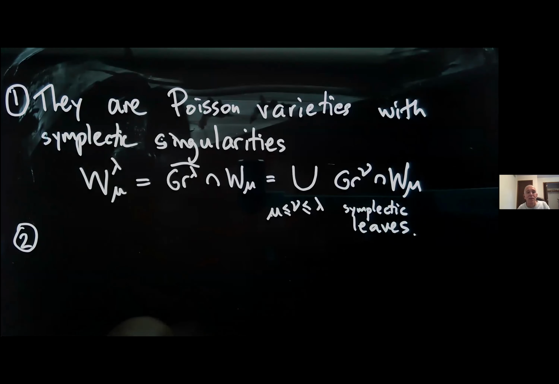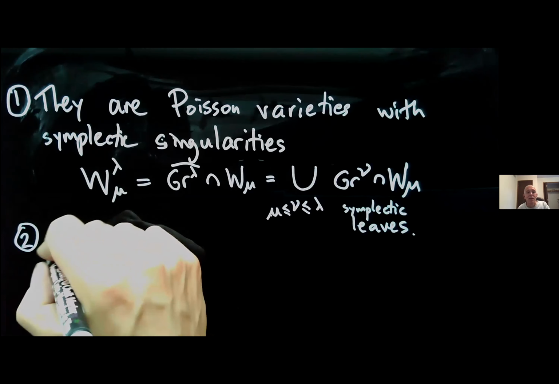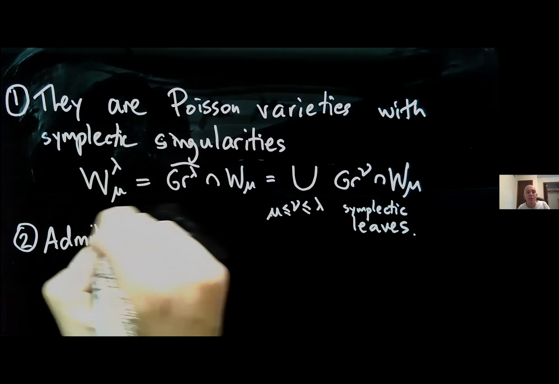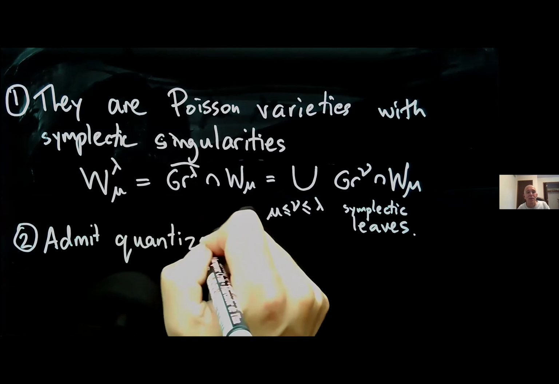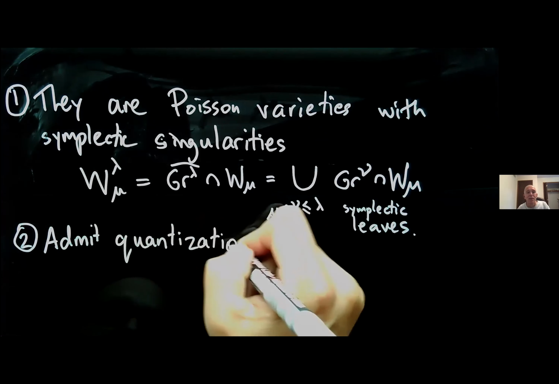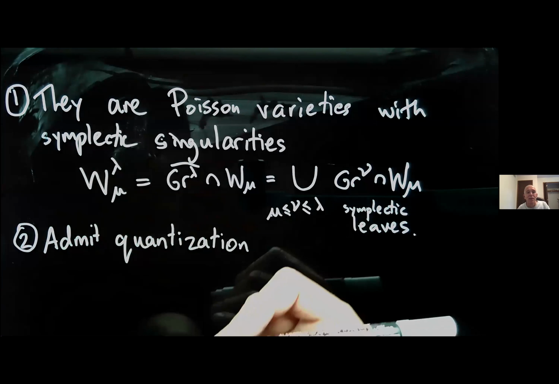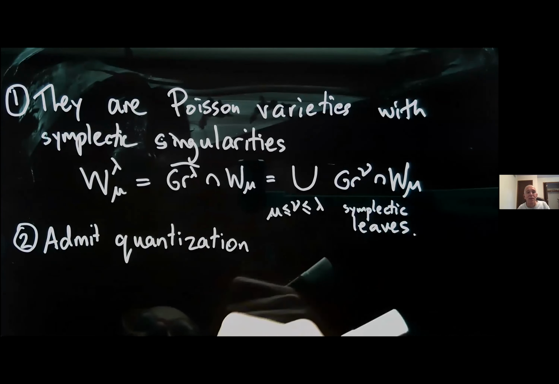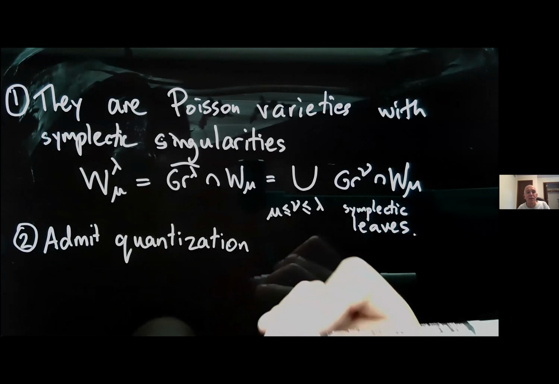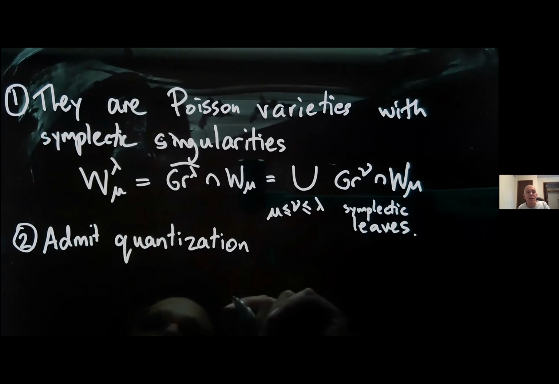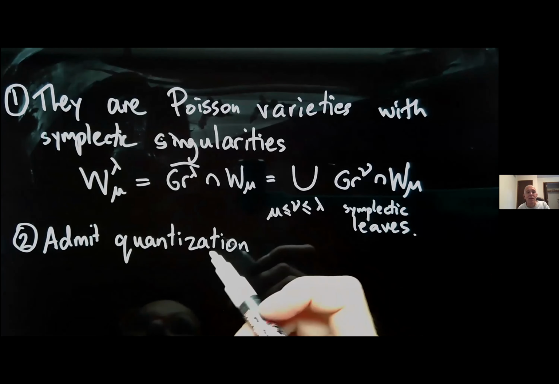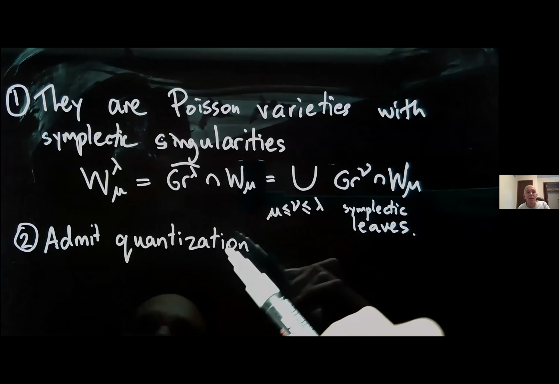Another nice thing about them is they admit quantizations. So they're affine Poisson varieties, so in particular, their coordinate rings are Poisson algebras. By a quantization, I mean a filtered non-commutative algebra whose associated graded is isomorphic to the coordinate ring.